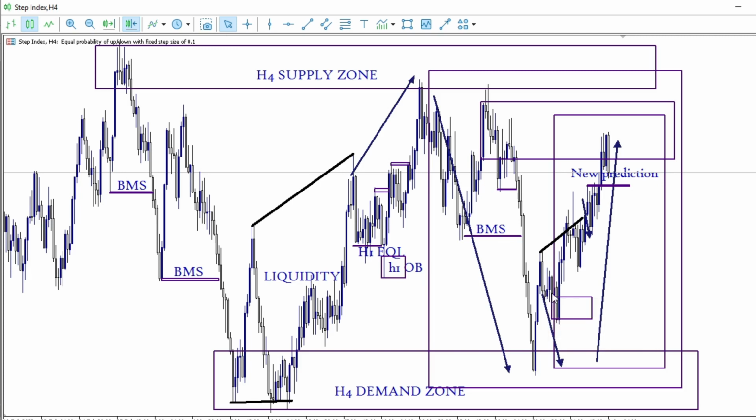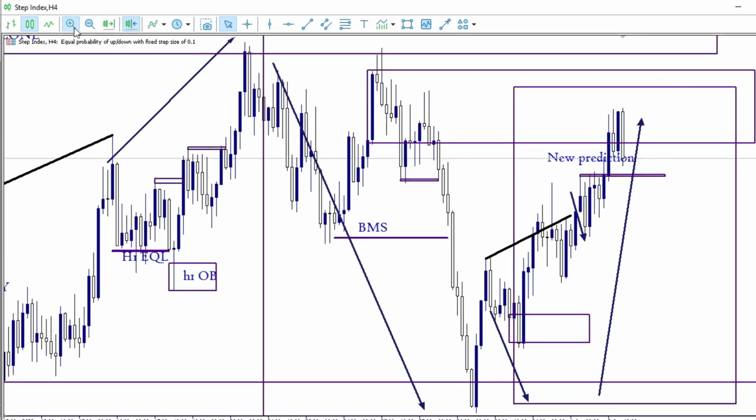So there was an imbalance here that was created for us to fill up, you get. And I told you, for us, this is our target, because we identified this was our order block, this last bullish candle. So this is the area where prices would reach and turn, you can see. Now they've reached, and now they're turning again, you get.